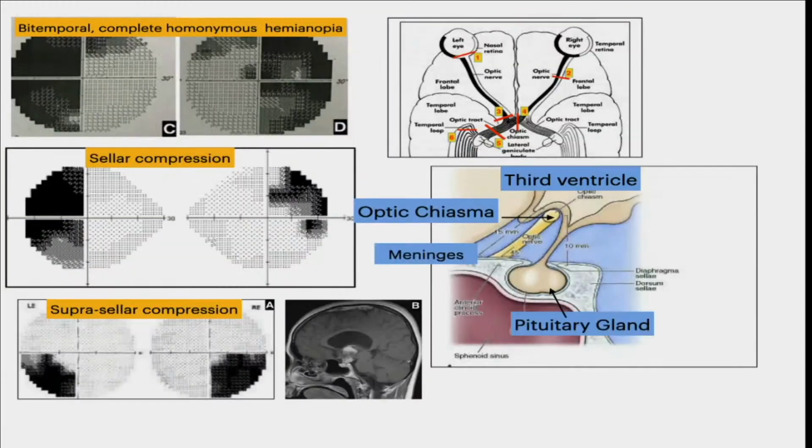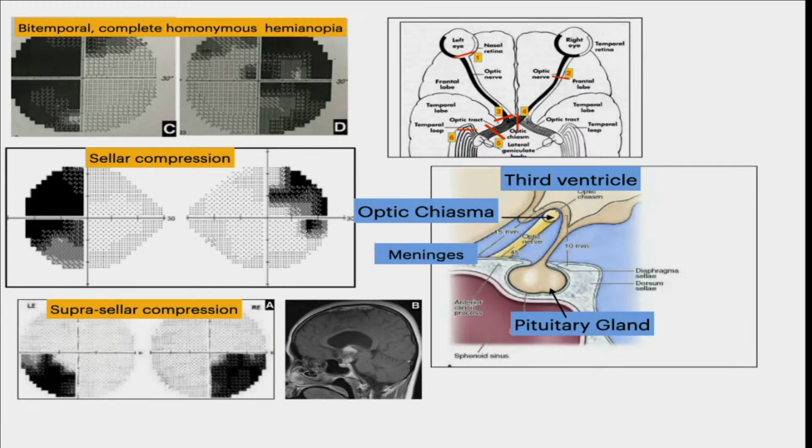Why? Let's see. So normally we know that there's a nasal crossing of the fibers. So you would have a complete homonymous hemianopia, which is characteristic of chiasmal compression. But the pituitary gland, which is the most common cause of chiasmal compression, actually is inferior to the chiasma.